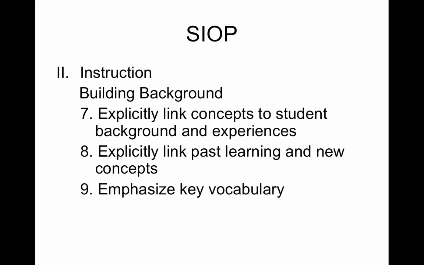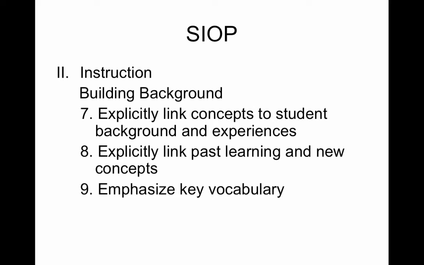Some come with a little bit, and some come with none. So we have to think about how we're going to help build that knowledge. One way is to read them a story, read an article, show them a video. Even for secondary students, maybe read them a picture book that has great pictures that'll help build some background knowledge.